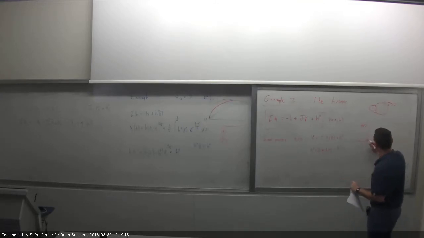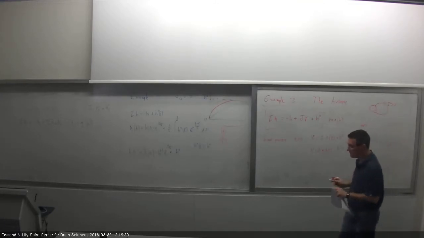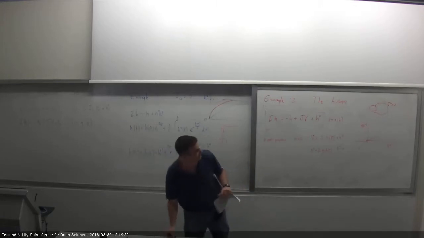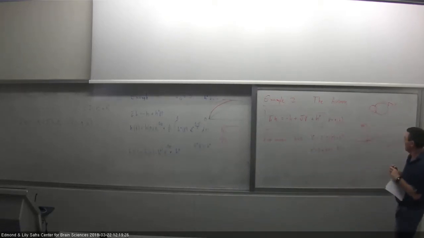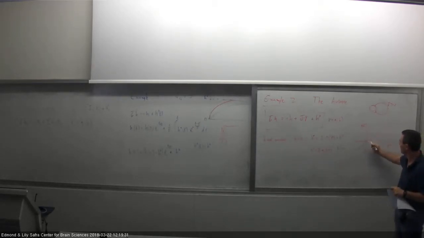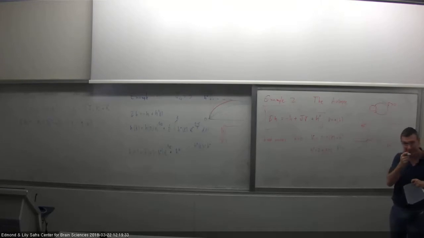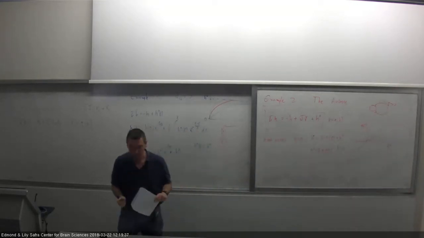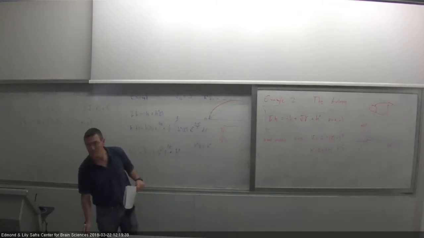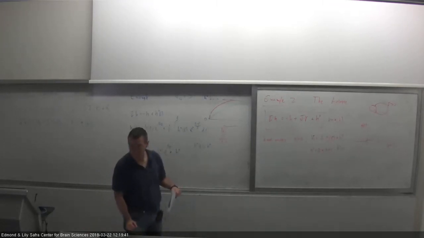The intersection is this point, where the red and blue lines intersect. So that's a fixed point. How will this fixed point depend on the value of J? What will J do?